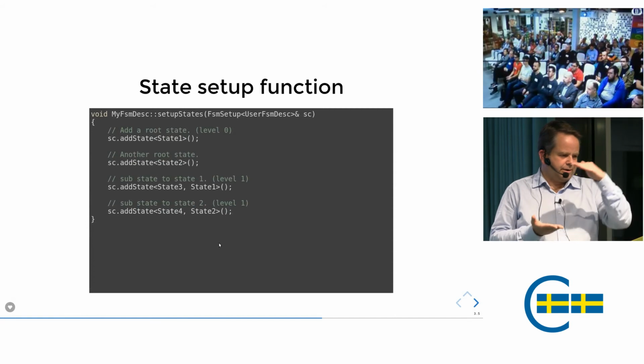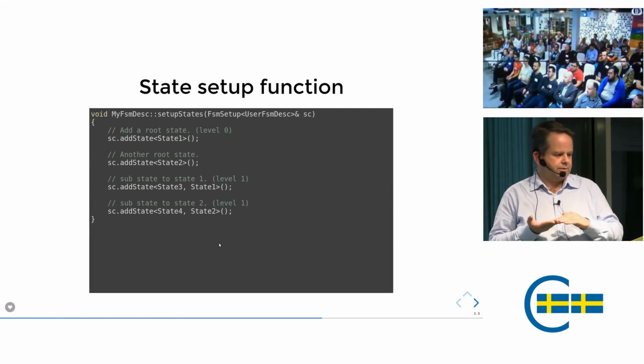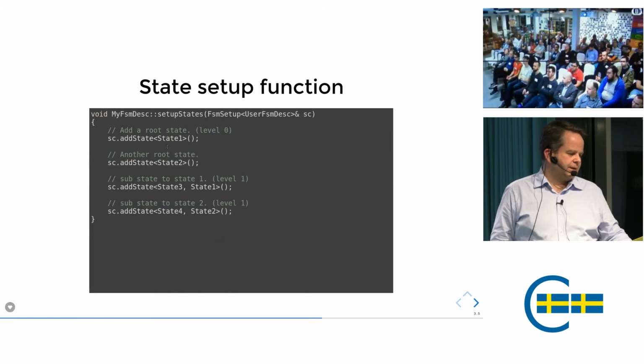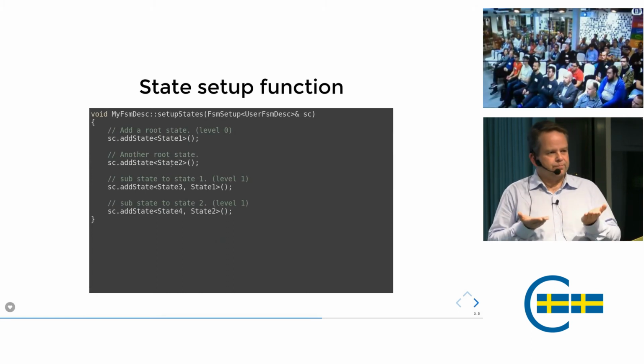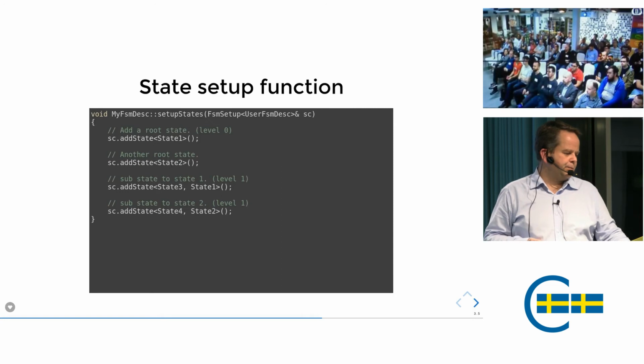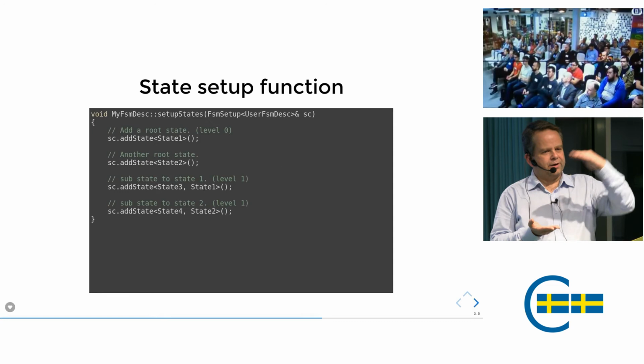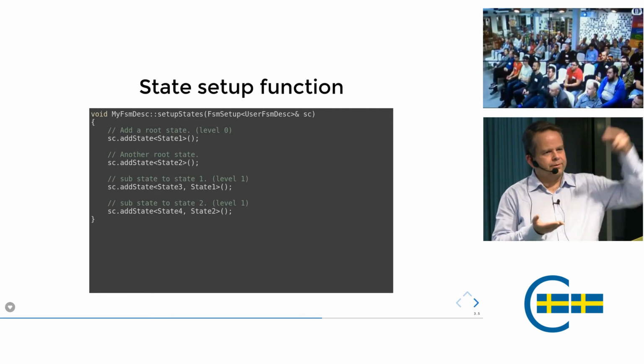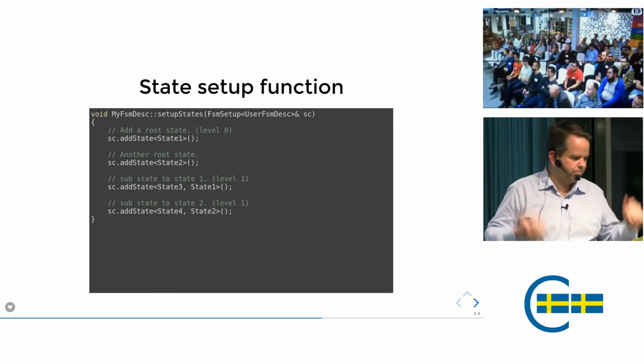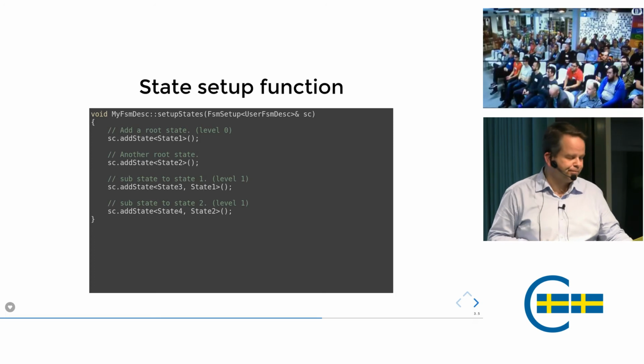It's just a number of add states function calls, where if you only have state 1, state 2 here, they are at the root level, level 0. But if you put in a second argument, that's the parent state, and that's how you go up a level. And you can do that recursively, there's no set limit for it.